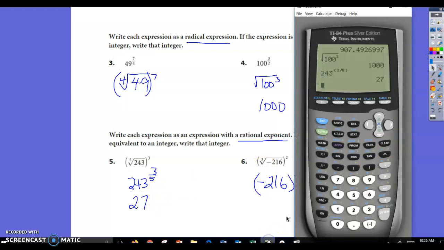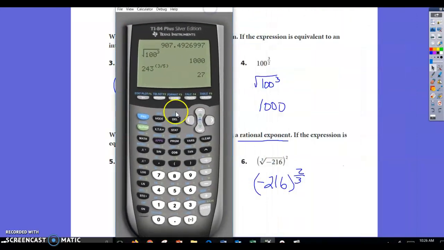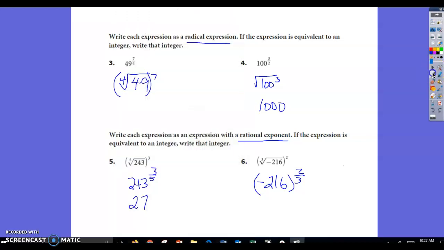So the other one says negative 216. I'm going to slide this over a bit. So I'm going to have negative 216 in parentheses, and I'm going to raise that to the 2/3 power. And I'll put that in parentheses too, just because it's dividing. I want to make sure it does it correctly, and that gives me 36. So that one is also an integer, so 36 here.